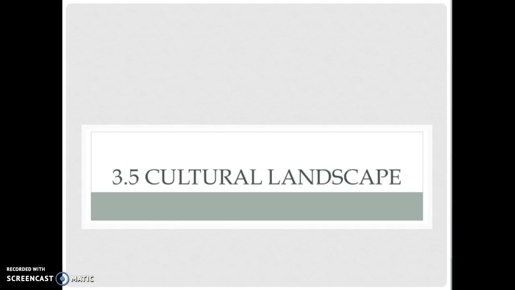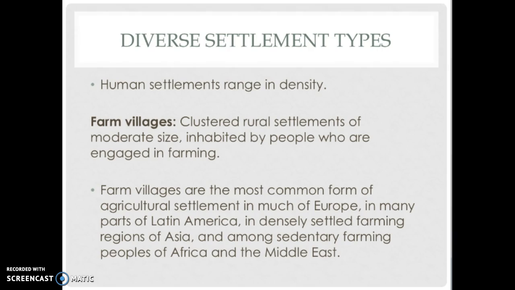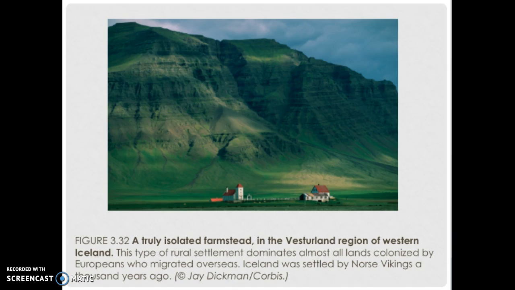Lastly, through cultural landscape, we can look at various forms of development that have corresponded with population geographers' study of the landscape. Farm villages are clustered rural settlements of moderate size. For instance, here's a great picture from the Norse Vikings' original settlement of Iceland, looking very similar to this over the past centuries.